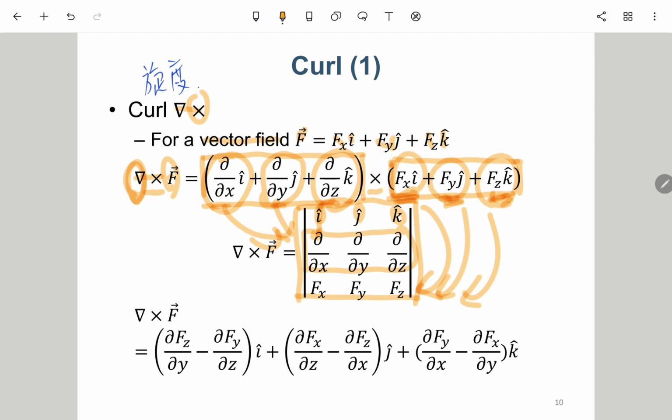4x4 is much more complicated. Because for the determinant of an nth order square matrix, it will have n factorial terms. So a 3x3 determinant will have 6 terms, but a 4 times 4 determinant has 24 terms in total.